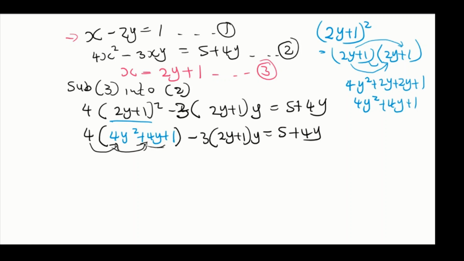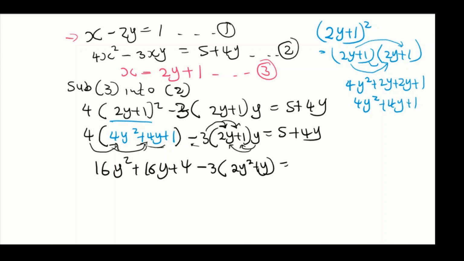So we're going to have 16y squared plus 16y plus 4, and then, before we multiply the 3, let's multiply the y first. The reason is I want to avoid the sign at the moment. So we're going to have minus 3 into 2y squared plus y equals 5 plus 4y.